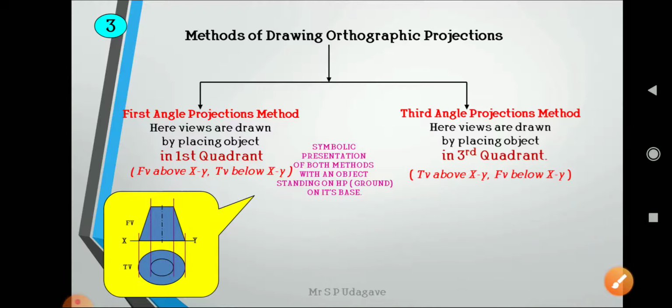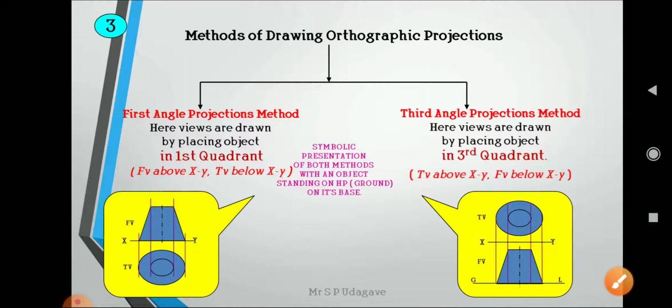In a similar way, we can take the third angle projection method, where the object is resting on the ground. We use the term ground for the third angle projection method.